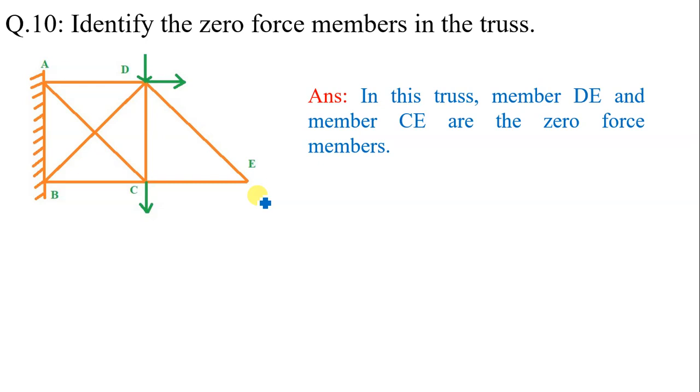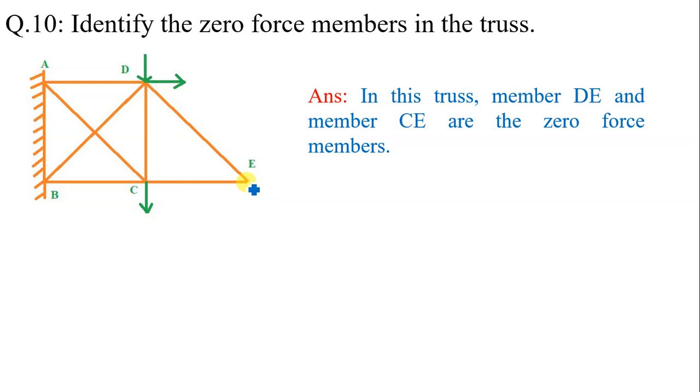Question number 10. Identify the zero force members in the truss. Now to identify zero force members in a truss, we are using two conditions. So the first condition is if two members are meeting at a joint which are non-collinear, and that joint is not carrying any force, then force in each member is equal to 0.